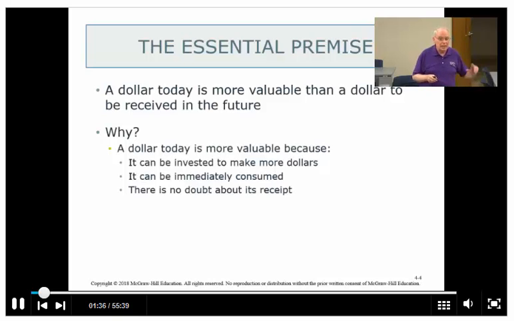And the element of doubt or risk. When we talk about finance, risk is an outcome that we didn't anticipate that impacts our earnings. Okay, so having the dollar in my hand, I eliminate that risk of receiving it.